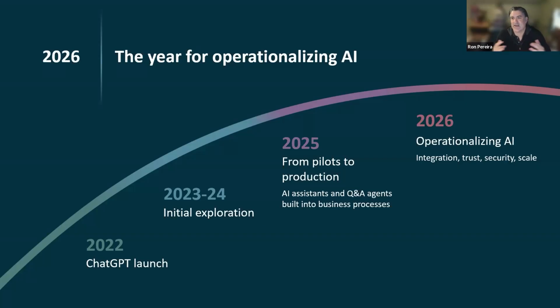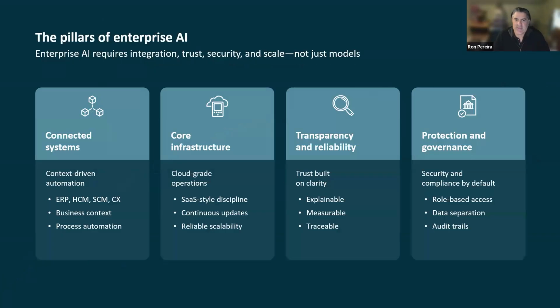And now that we see what's in place, we're really expecting this year to be a little kick in that hockey stick, to really see a lot of operationalization of AI.